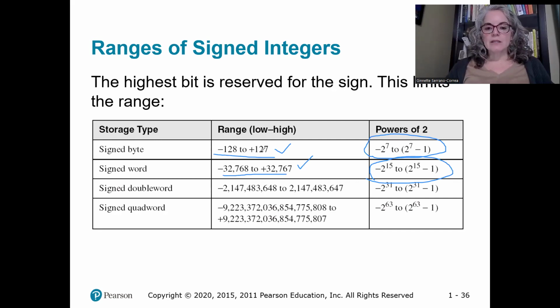And again, we need to know those ranges because if you're storing a signed integer into a byte size, then you need to know that you can only store negative 128 to positive 128. So if you're trying to store somebody's age, you can use a byte. But if you're trying to store their paycheck, then you might have to use a double word, right?